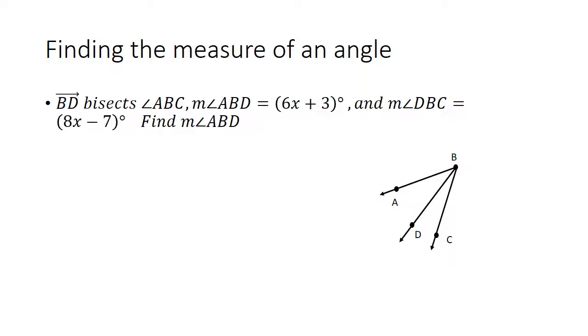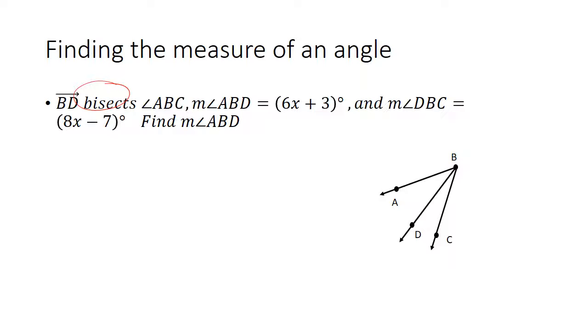So this is just about the same thing as having the straight lines. When something bisects it or makes it in the middle, remember each of the two that it separates out are going to be equivalent. So just like in a straight line, an angle works the same way. Let's say that this ray right here bisects angle ABC, right? So it's cutting it in half.